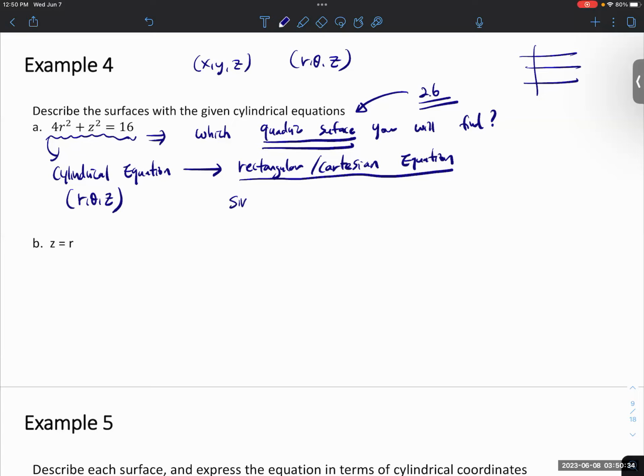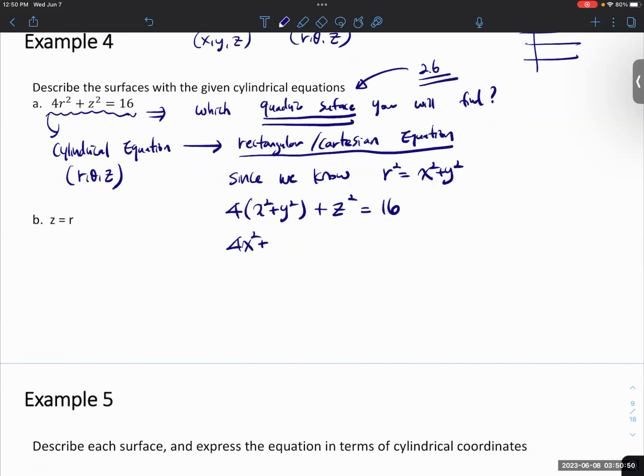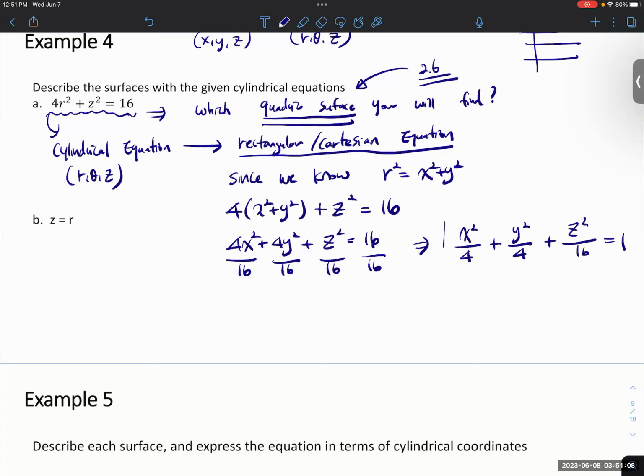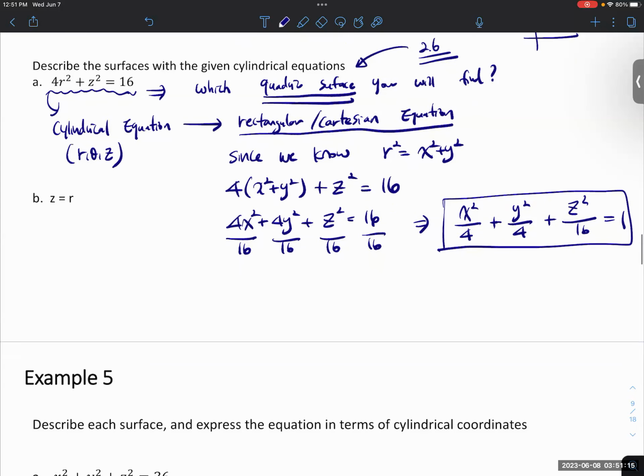Since r squared equals x squared plus y squared, 4(x squared plus y squared) plus z squared is 16. So it means 4x squared plus 4y squared plus z squared equals 16. Now I'm going to divide by 16 everywhere. So you should get x squared over 4 plus y squared over 4 plus z squared over 16 equals 1. This is one of your quadratic surfaces, so go back to 2.6 and find the matching equation. It is going to be an ellipsoid.